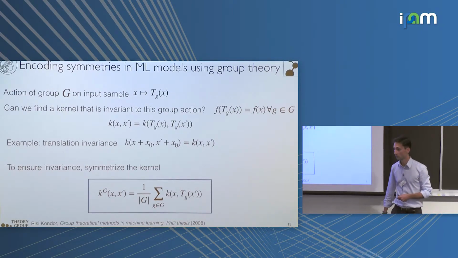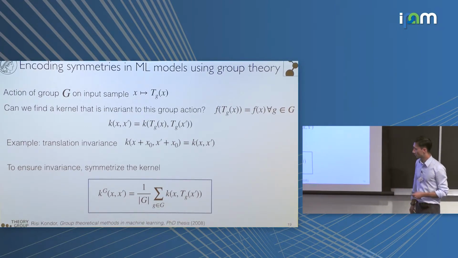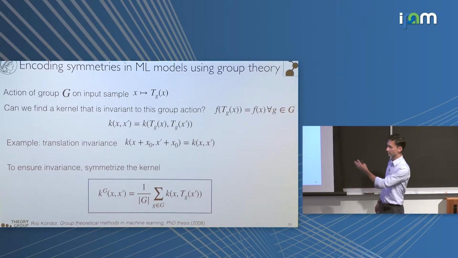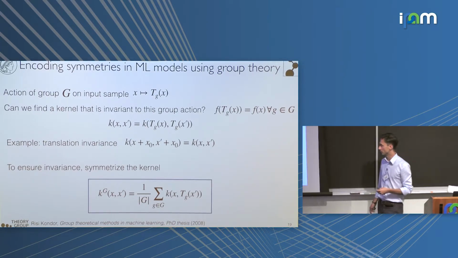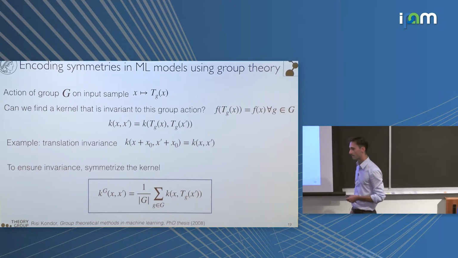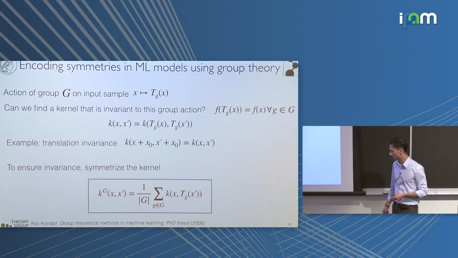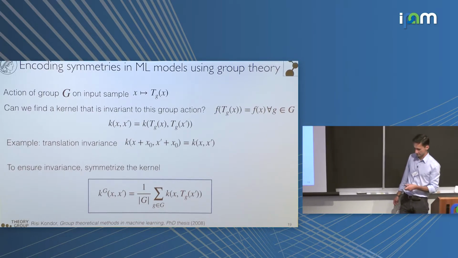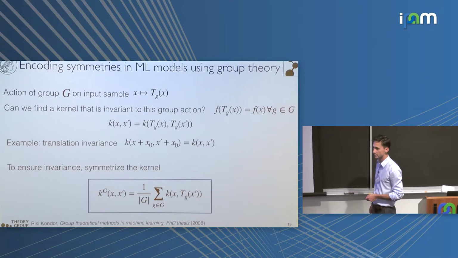You are assuming G is finite; with rotations or translations that's not true. Yes, so this would be for a finite group, so this doesn't work for translation. It is difficult to make it work for a non-finite group, though. This is typically used for, and I'll show an example for, rotations.